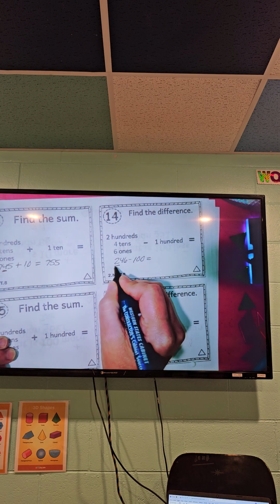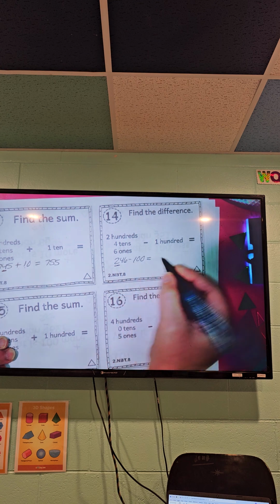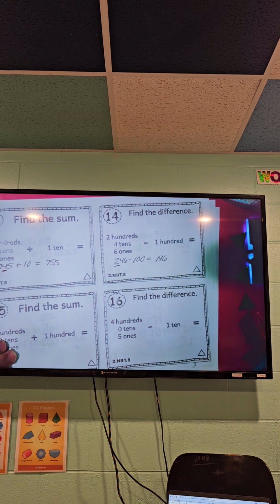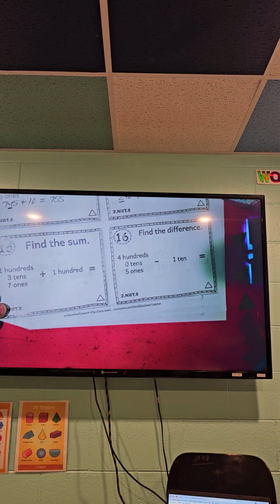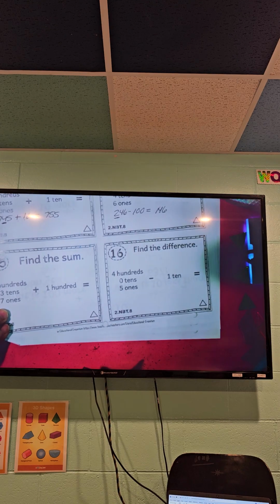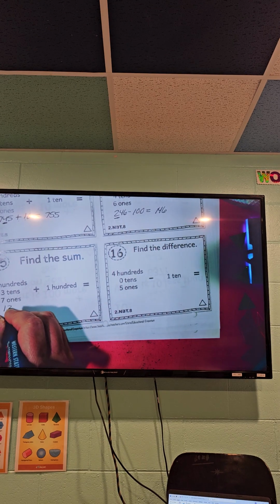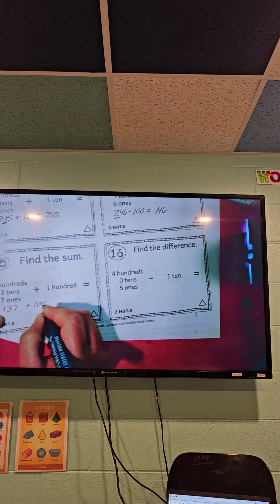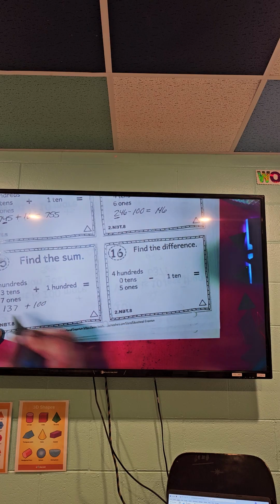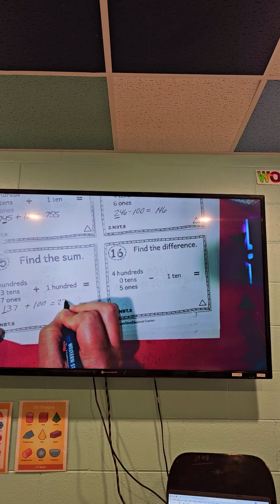The hundreds place is affected and it's decreasing by 1, so you get 146. 137 plus 100. Underline the hundreds place. The 1 is increasing by 1, and you get 237.